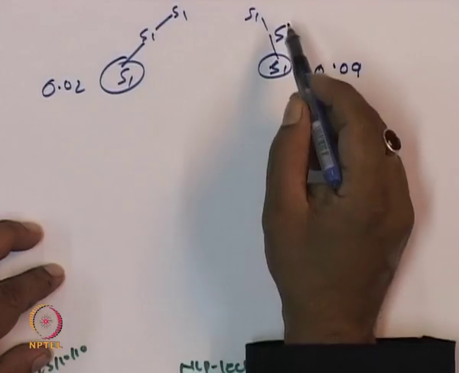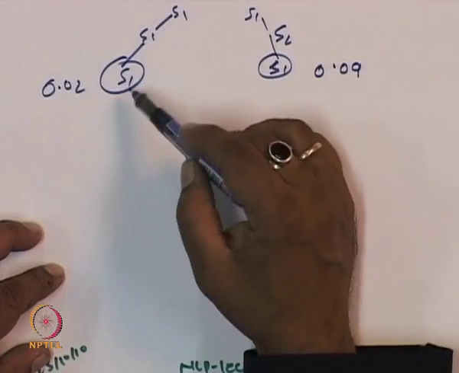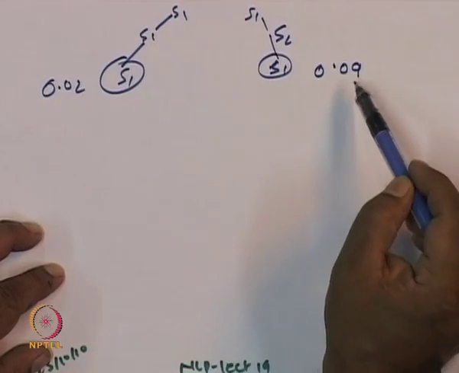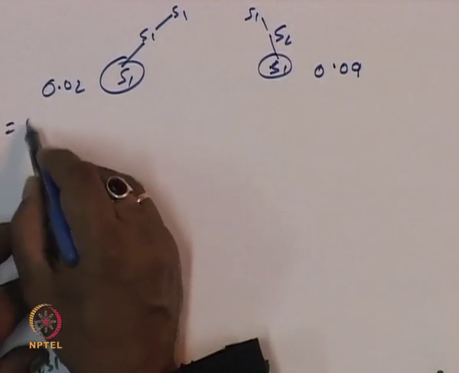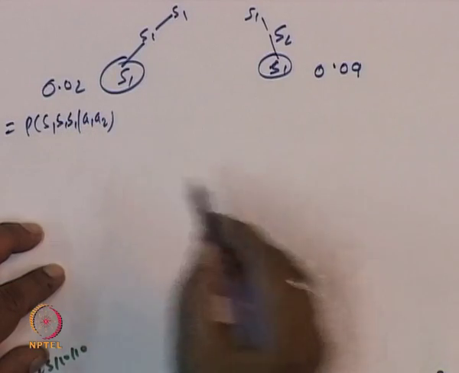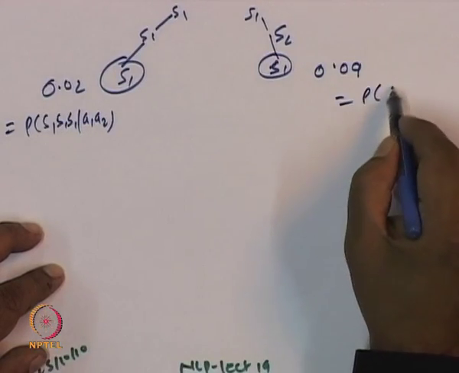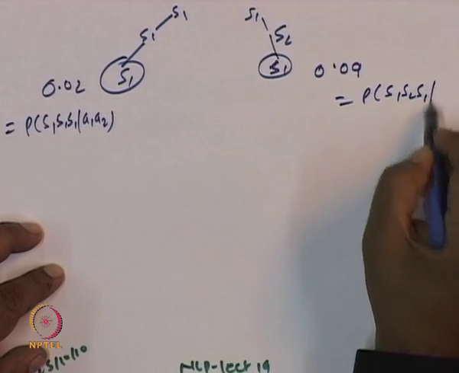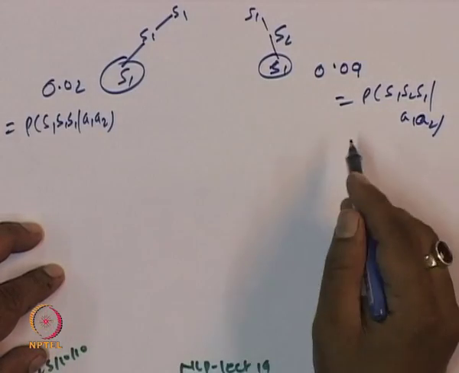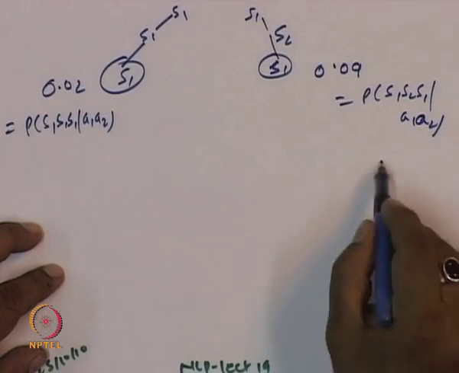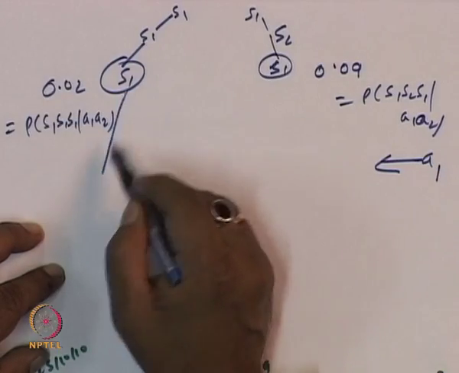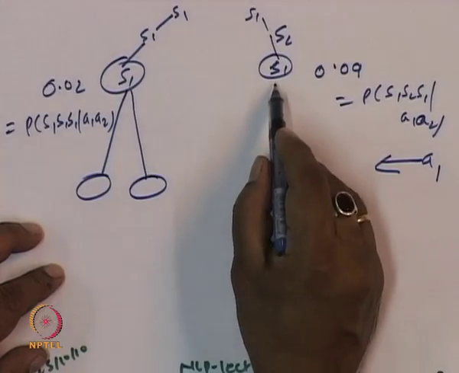So, the probability of the sequence S1, S1, S1 is 0.02, and the probability of the sequence S1, S2, S1 is 0.09. Now, when the next symbol comes, which is A1, we will be advancing these states.